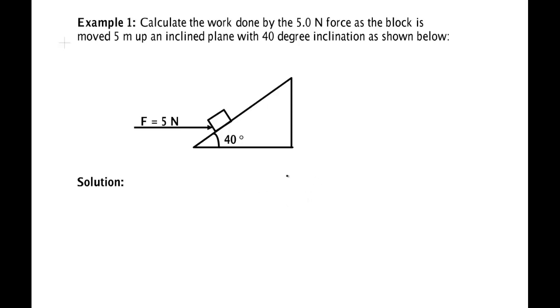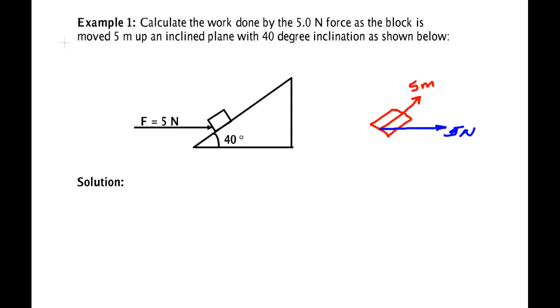Now, what a lot of people do is they draw what are called work diagrams. So here's the block, and I have a displacement vector here, and in this case that displacement vector is going to be 5 meters up that incline. And I also have, let me change colors here, a force applied to the block, and that force is applied over here, and it's 5 newtons.